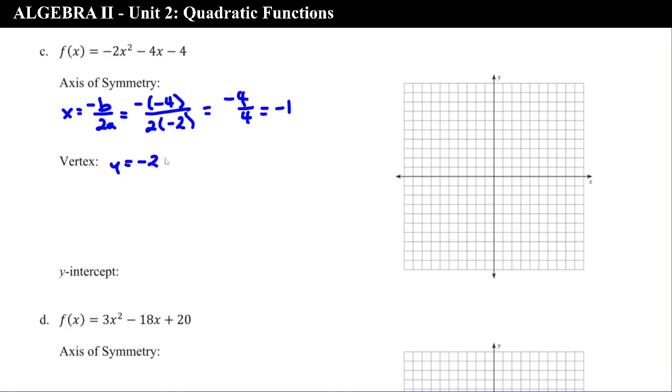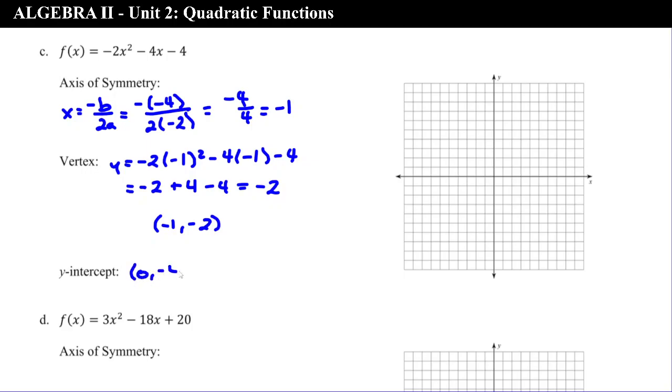So we got negative 2 times negative 1 squared minus 4 times negative 1 minus 4. So we have negative 1 squared is 1 times negative 2 is negative 2. Negative 4 times negative 1 is positive 4 minus 4. So we end up with negative 2. So our vertex is at negative 1, negative 2, and our y-intercept, reading the c term, is 0, negative 4.